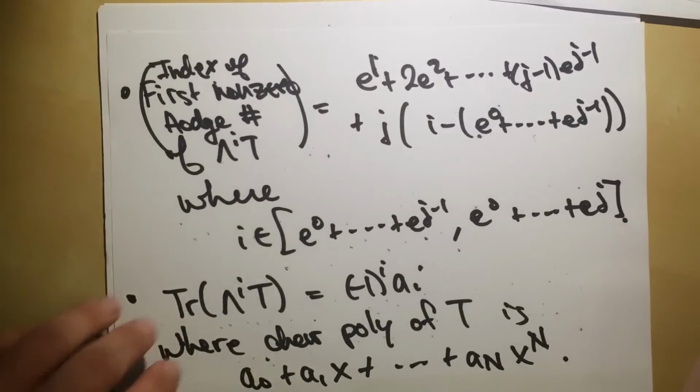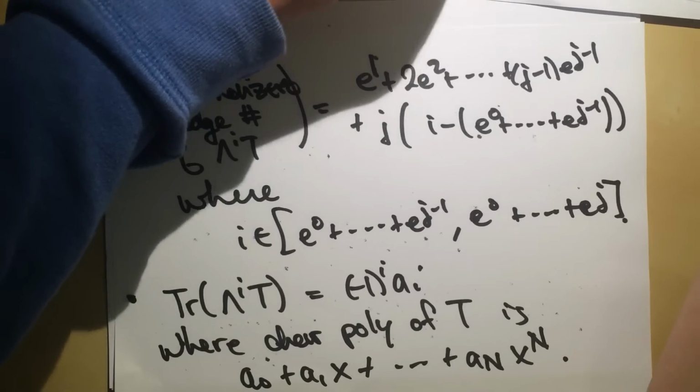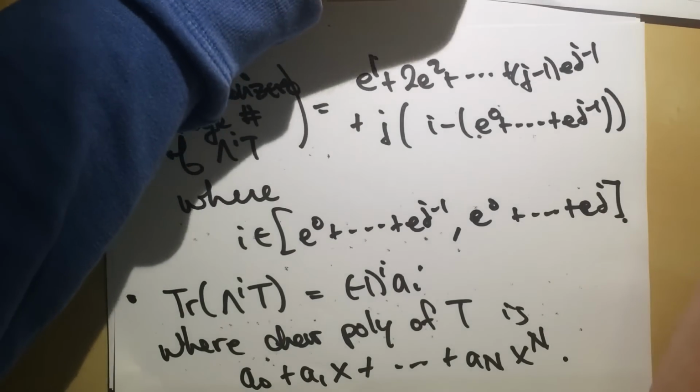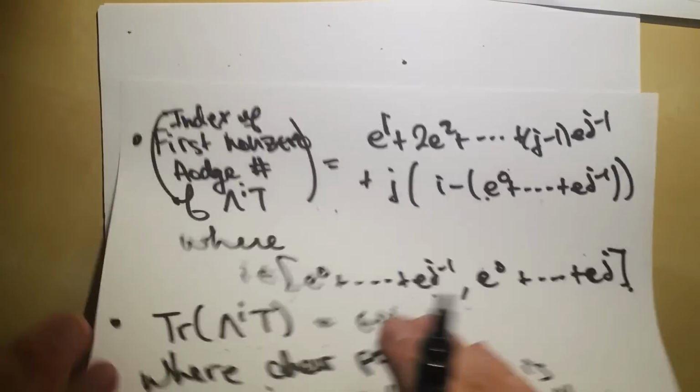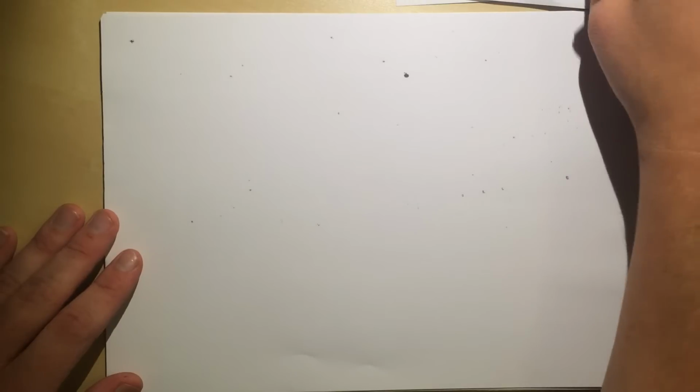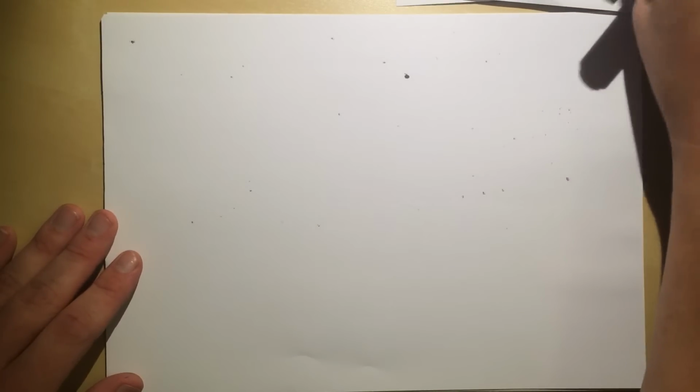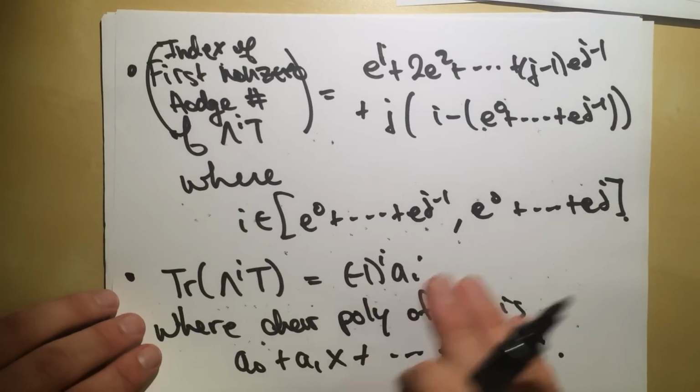Now where were we? We wanted to show that the crystalline Hodge polygon is above the other Hodge polygon. Now we have the index of the first non-zero Hodge number.